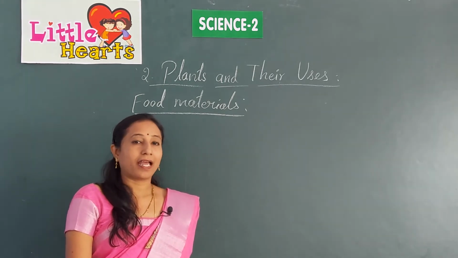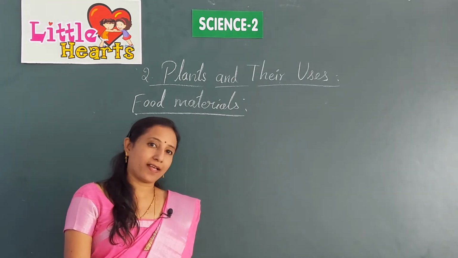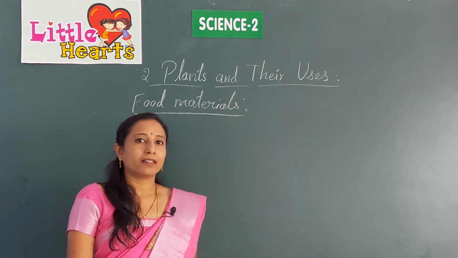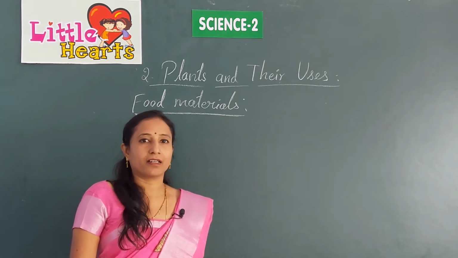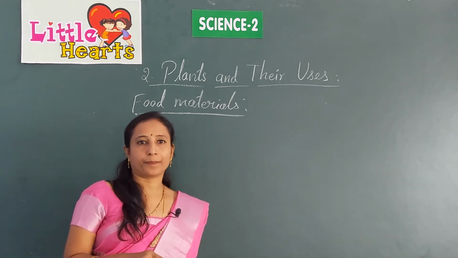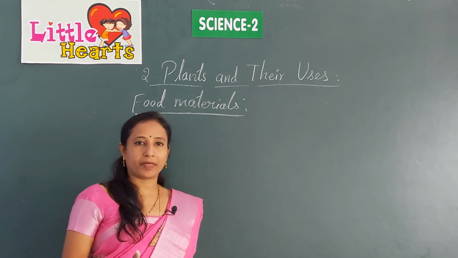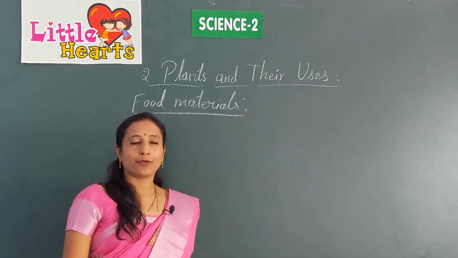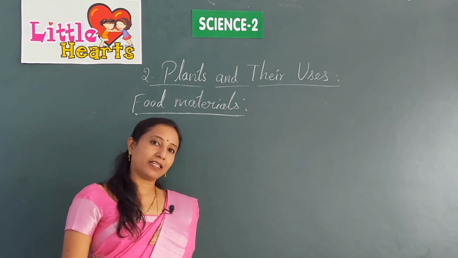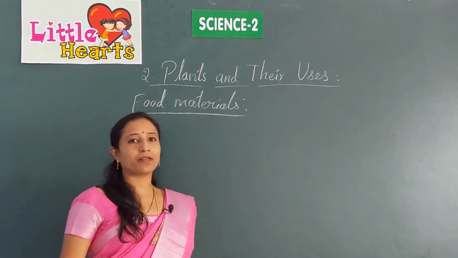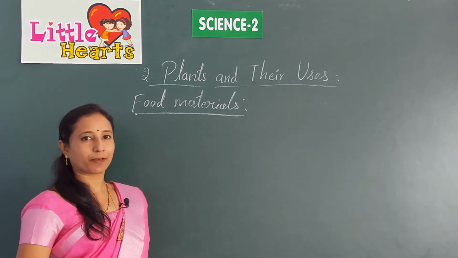Then you have breakfast, then a little snack, lunch, and again evening snacks and dinner. So what are all these things made of? These are made of different kinds of food materials which we directly or indirectly get from plants. One by one we will discuss what things we get from plants.